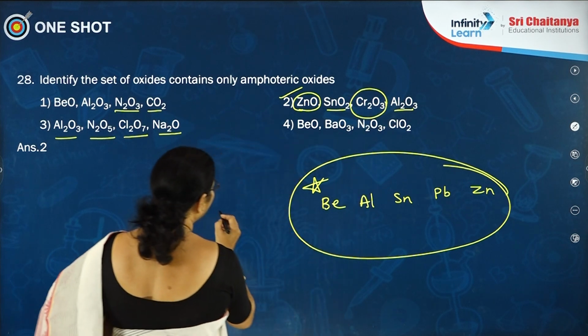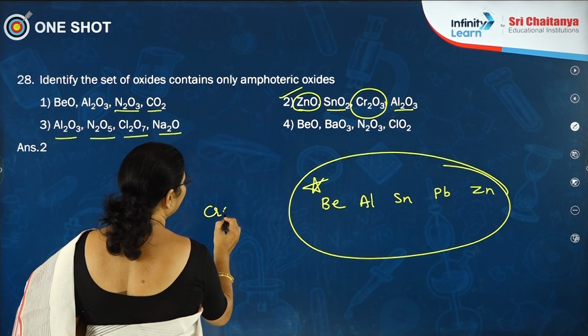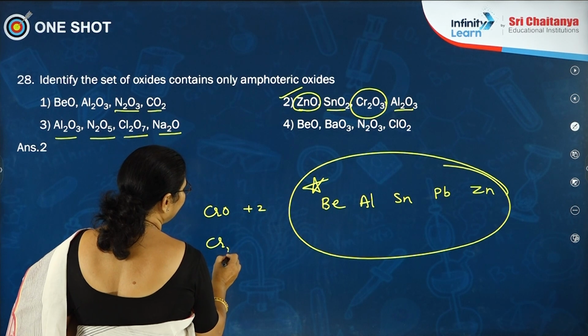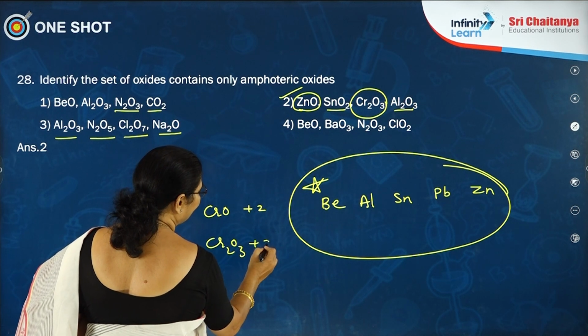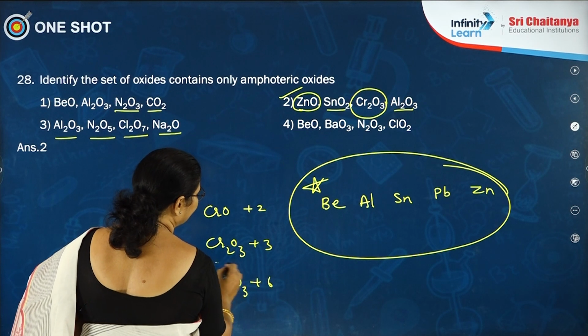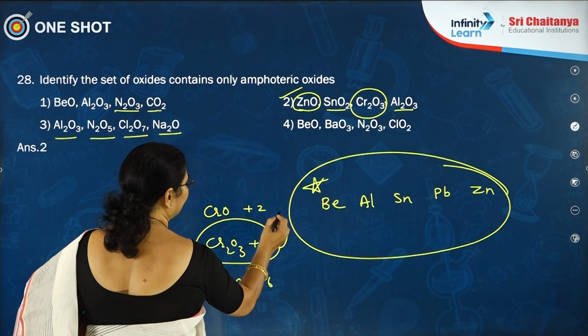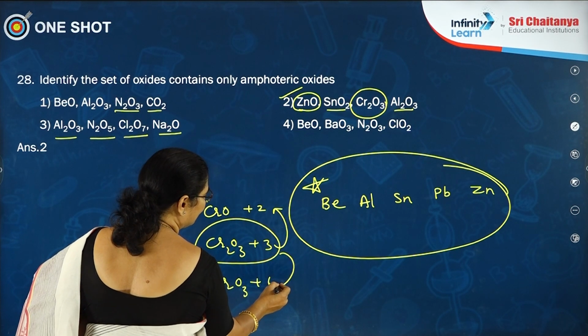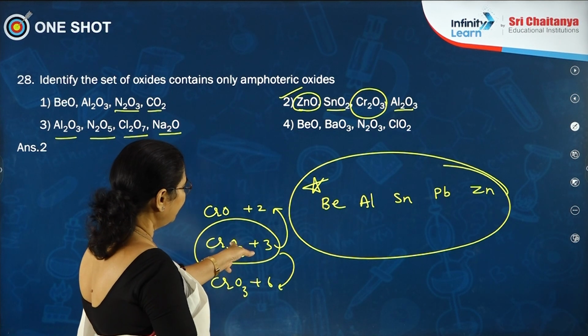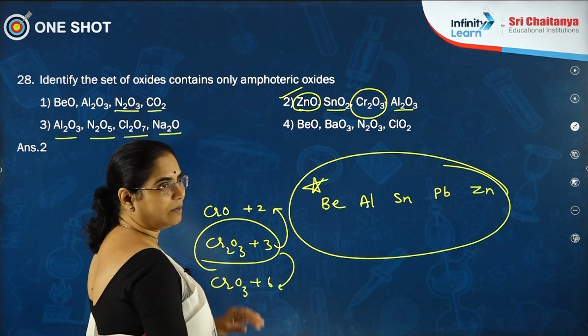Cr2O3: whenever an element is in its lowest oxidation state the oxide is basic, in intermediate oxidation state amphoteric, in highest oxidation state acidic. So Cr2O3 is in an intermediate oxidation state. It can undergo reduction, it can undergo oxidation, so it can act like an amphoteric oxide.